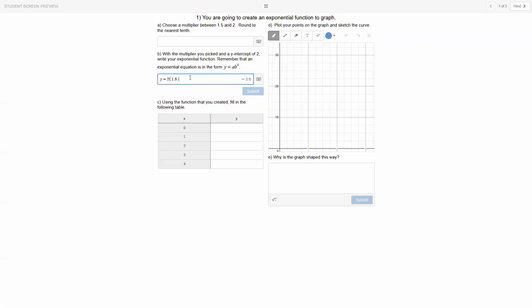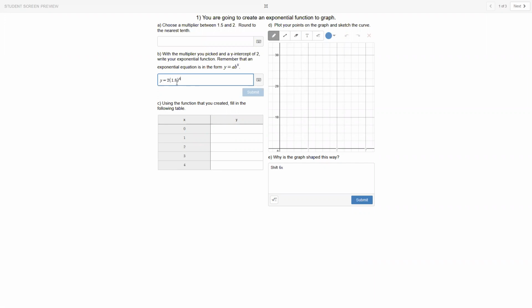Now I want to do the exponent. How do I do an exponent, guys? Shift 6. I'm going to write it down here. You press Shift 6, and then you press the X button, so that you get an exponent.